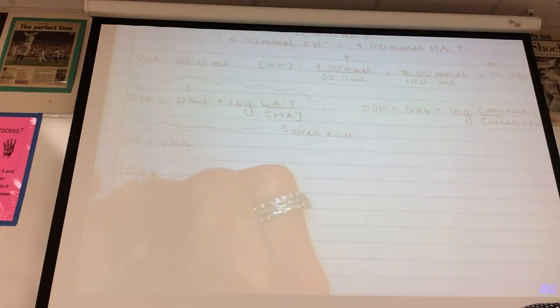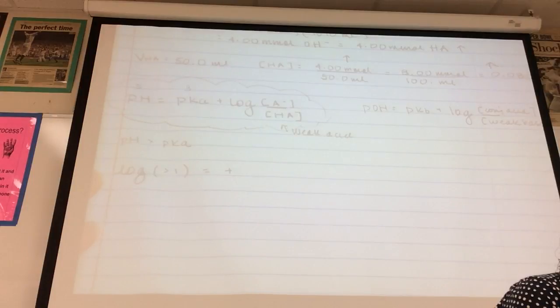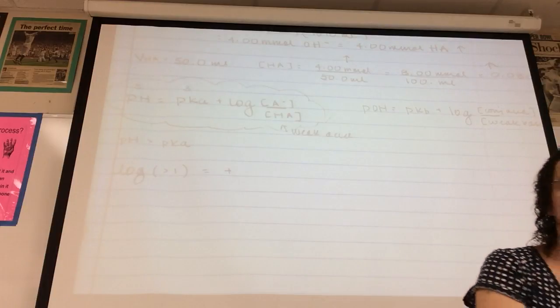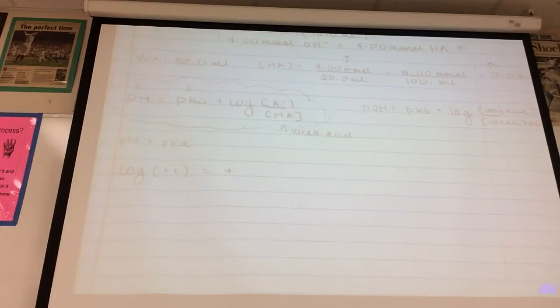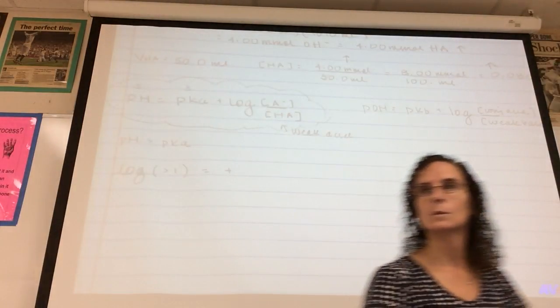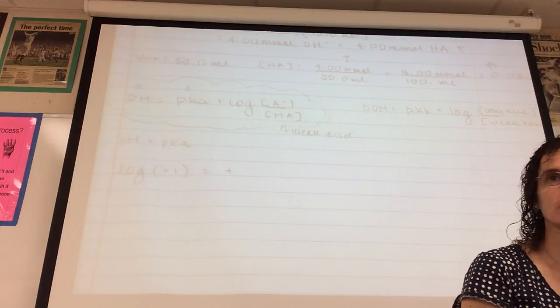The log of a number that's greater than 1 is equal to a positive value, correct? Throw the log of 4 in your calculator. What do you get? What is it? 0.602? Okay, so it's a positive number, yes?